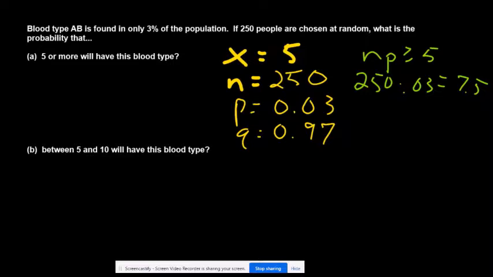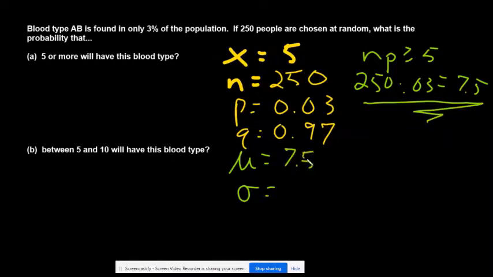Then we need to calculate our mu and our standard deviation. The expected value is this one right here, so about 7.5 we should expect out of a sample of 250 people.